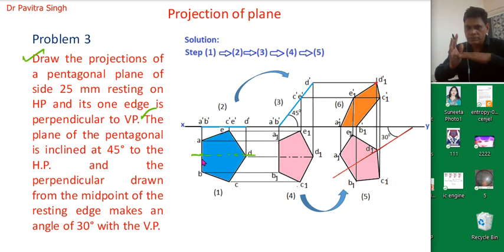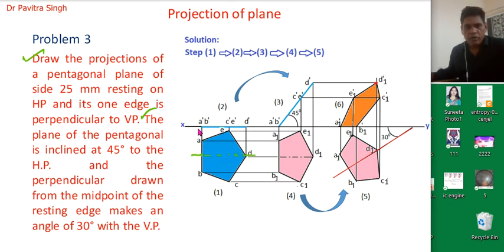So we can see this complete pentagon from the top. When we rotate this in the clockwise direction, this will be the top view.